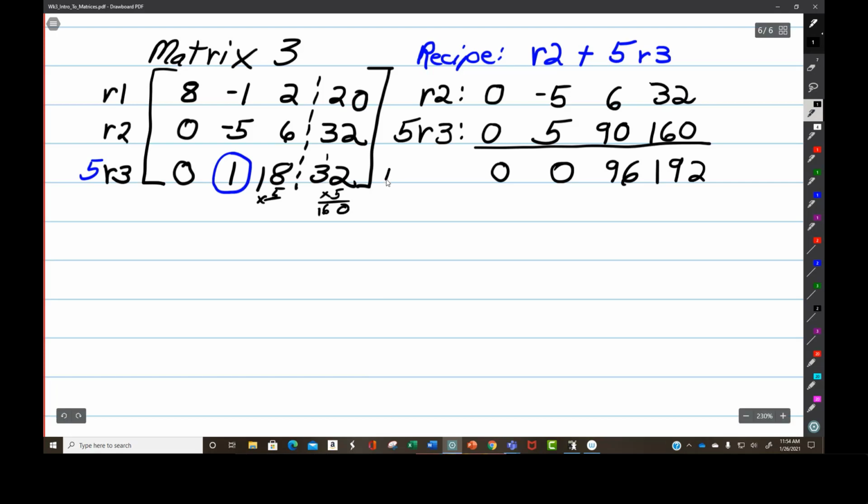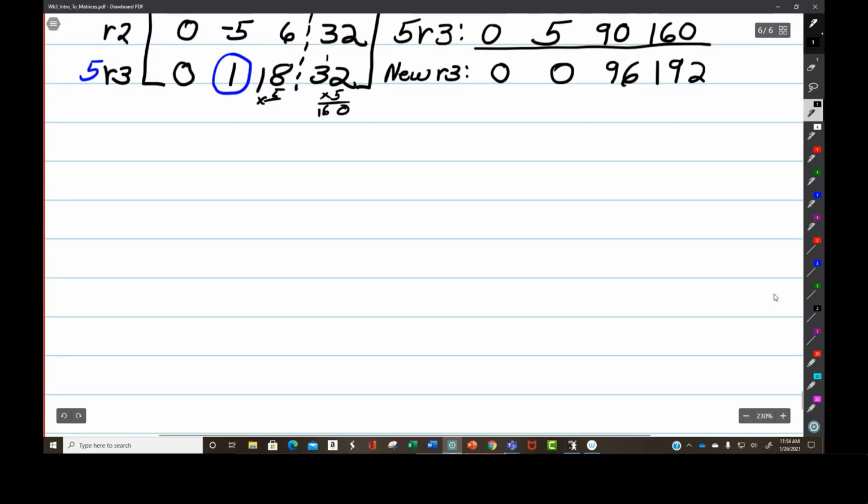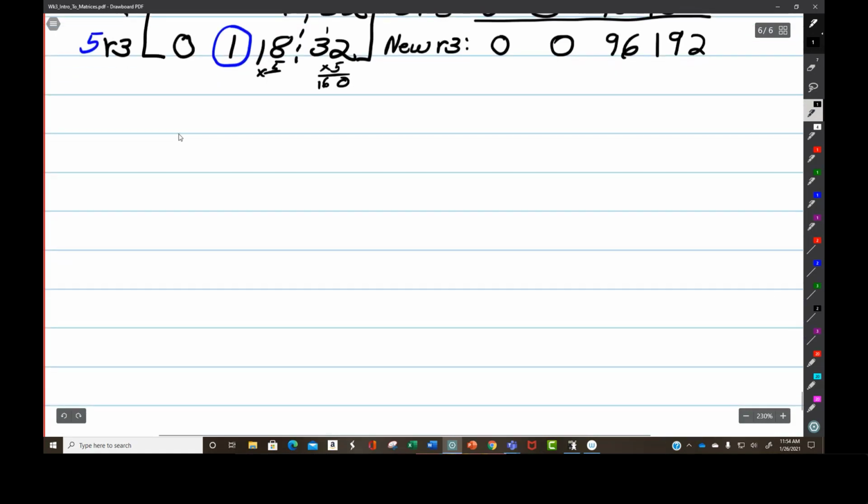And this is going to be my new row 3. Notice there are 2 new row 3s because I need 2 zeros there. And this is matrix 4, and this is our last matrix. 0, 0, 96, and 192.